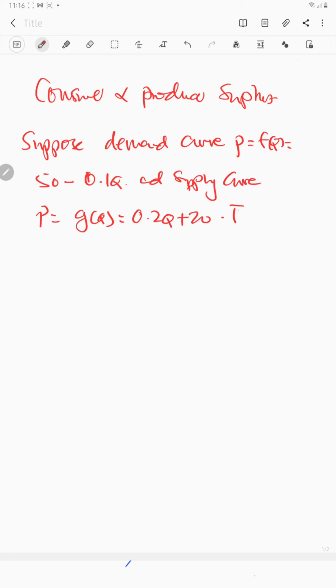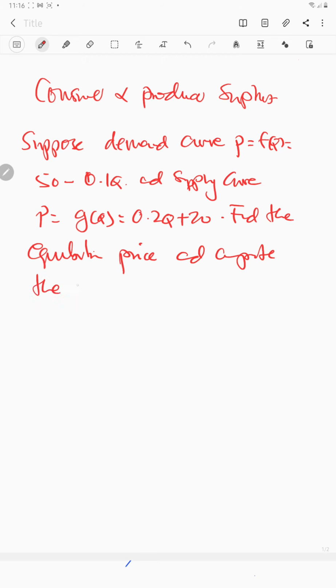Then we are asked to find the equilibrium price and compute the consumer and the producer surplus. So this is the question that we can have.